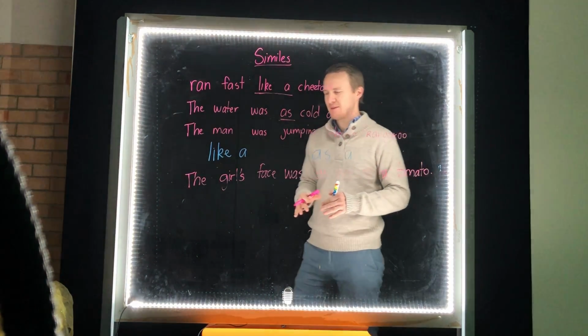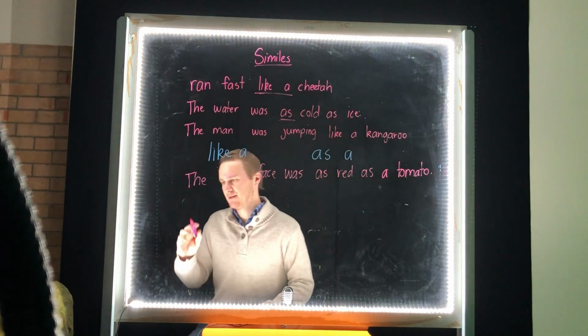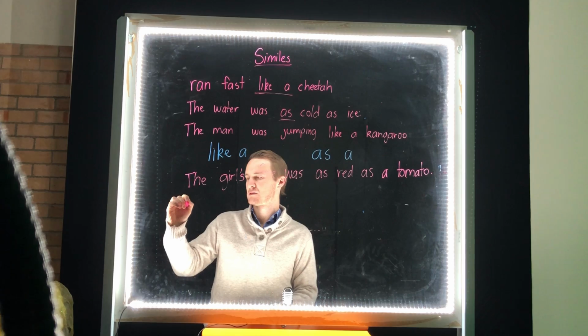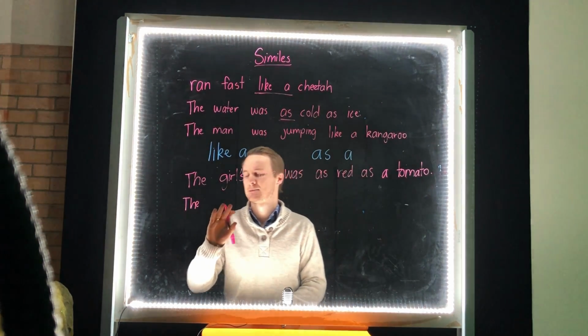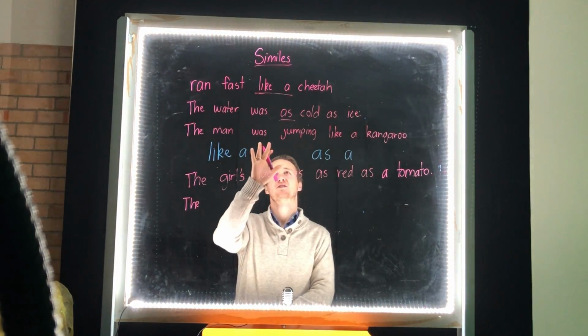Okay. That's a good way of explaining similes. We might go through one more. What have we got? We haven't got hot. We've got hot, cold.